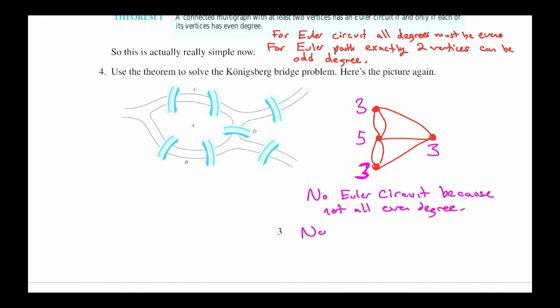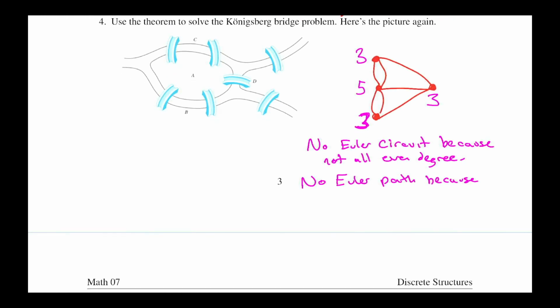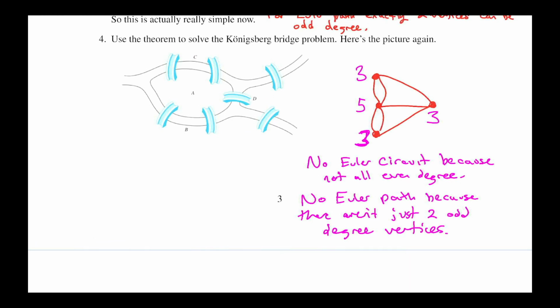And also, it wasn't the question, but there's no Euler path either. There aren't just 2 odd degree vertices. So there's no Euler path and there's no Euler circuit, which means you can't cross all the bridges and end up back where you start. And in fact, you can't cross all the bridges and end up in a different place either, which you would also have found if you tried this, right?